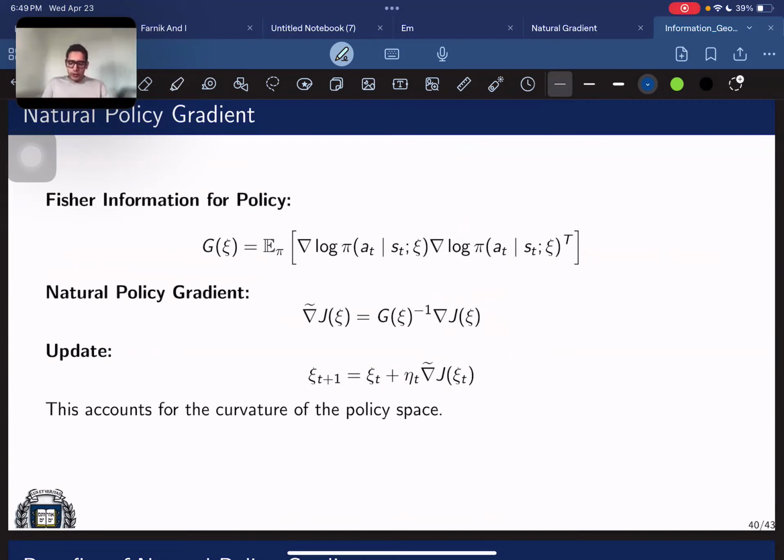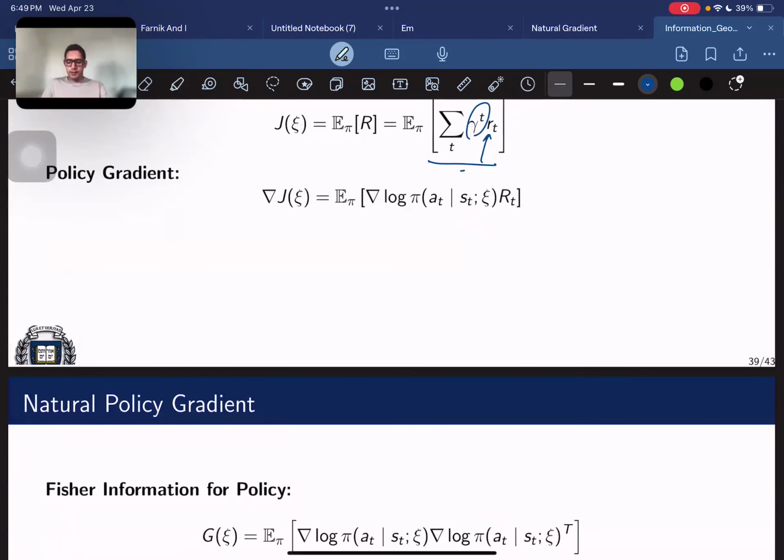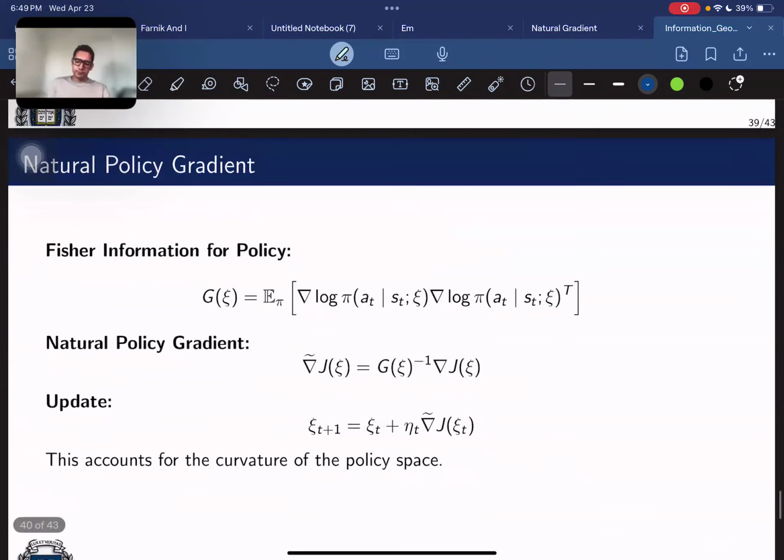Here we can also take, instead of taking the expected return and the gradient of your policy, we can take into account the geometry of your policy as well. And that is nothing but to take this.